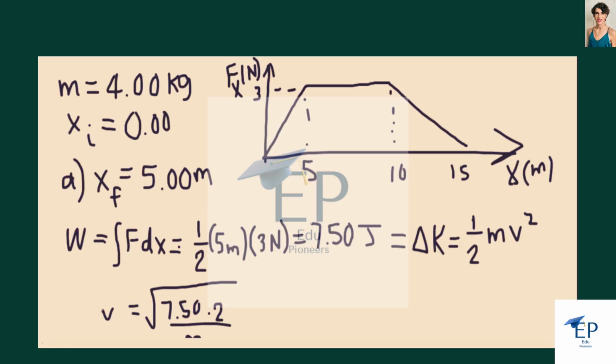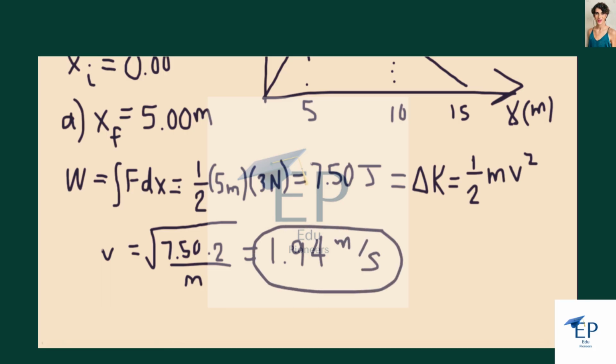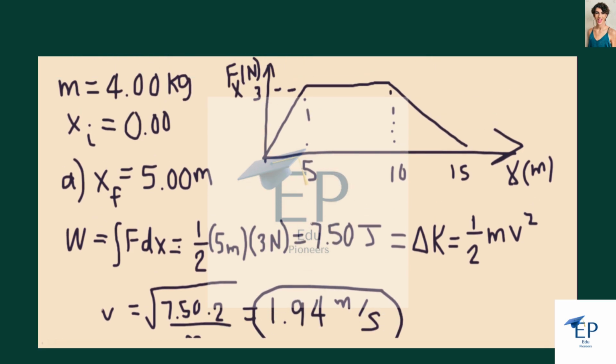Square root of 7.50 times 2, which is just 15, over 4, which gives me 1.94 meters per second.